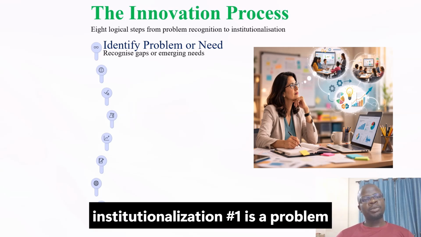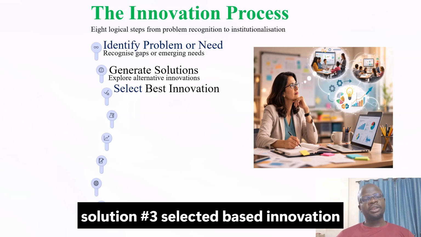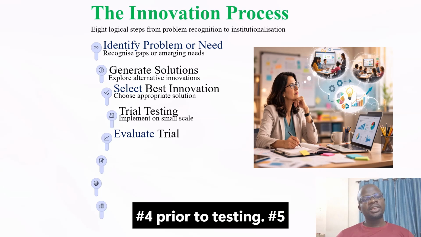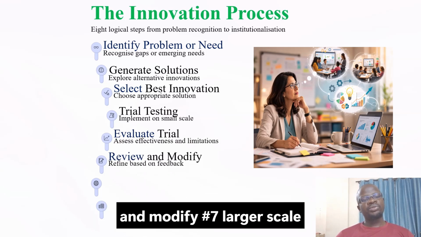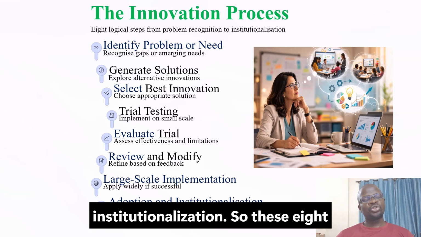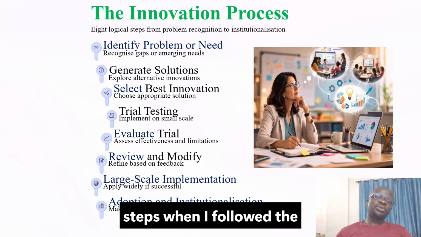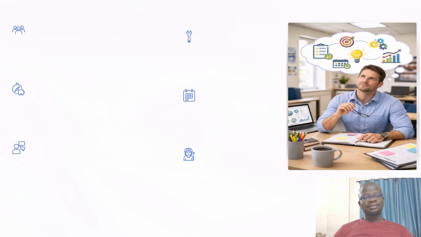Number one is problem identification. Number two is generate solution. Number three, select best innovation. Number four, trial and testing. Number five, evaluate the trial. Number six, review and modify. Number seven, larger scale implementation. Number eight, adoption and institutionalization. So these 8 steps, when followed, lead to curriculum innovation.